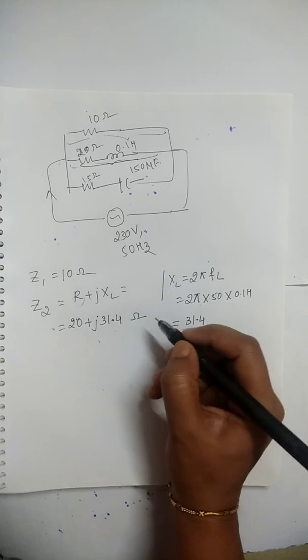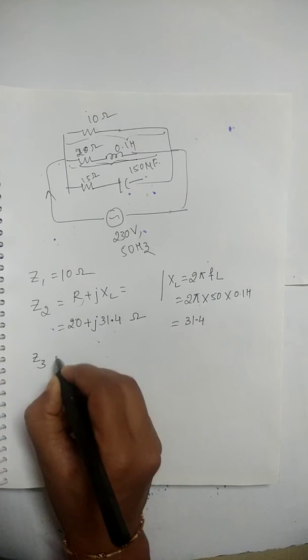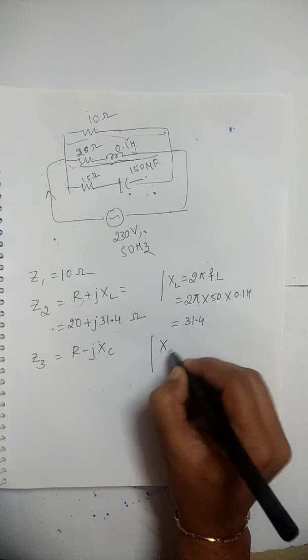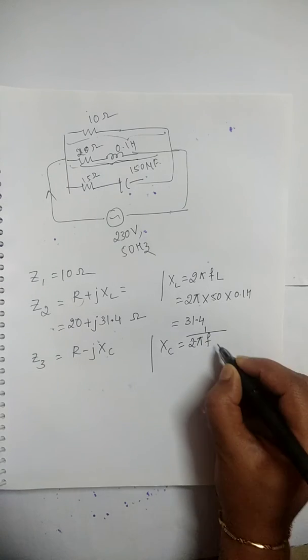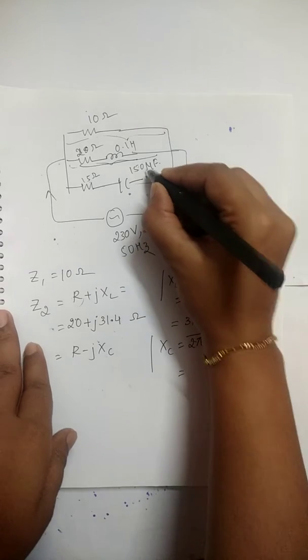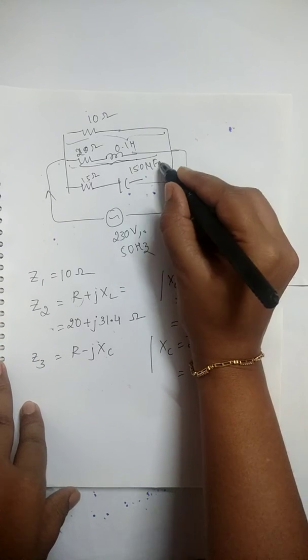The impedance of the second branch is also in ohms. Next is Z3, which is equal to R minus jXC. We don't know XC, so XC will be 1 divided by 2 pi FC. Make sure, as we discussed in the previous class, C should be only in farad.